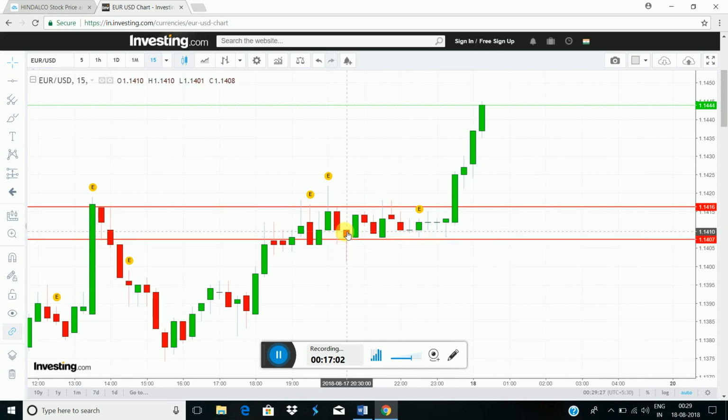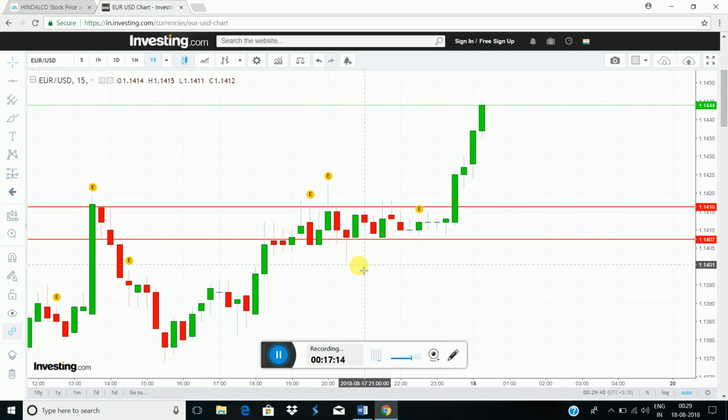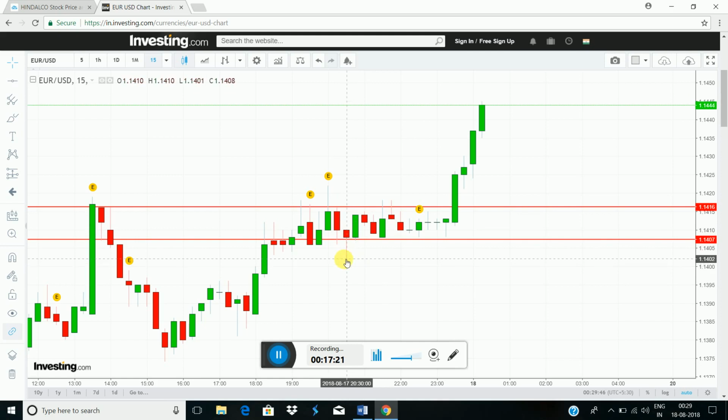Now you see the next candle, which is this one right over here, which you call a hammer. This is a bearish hammer, but a hammer in itself is a very bullish pattern. And what this pattern shows us is that the stock is rejecting the lower prices. Are you getting my point? The stock is rejecting the lower prices.